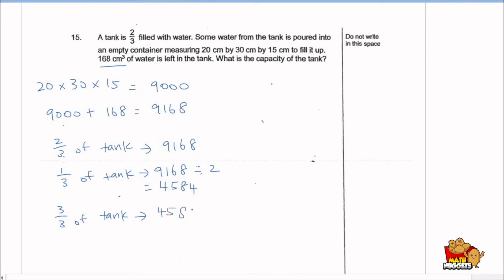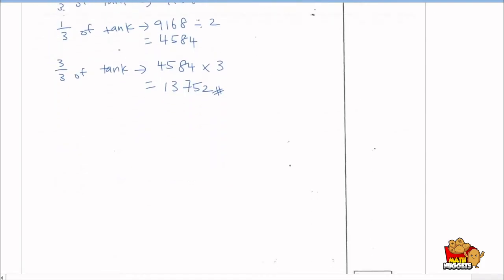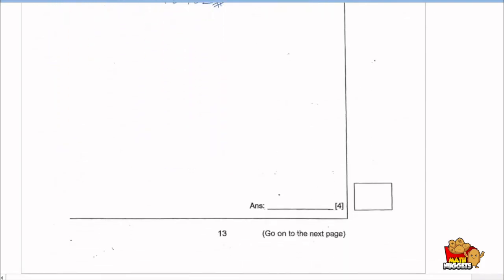So then we take 4584 multiply by 3 to get 13,752 cubic centimeters.